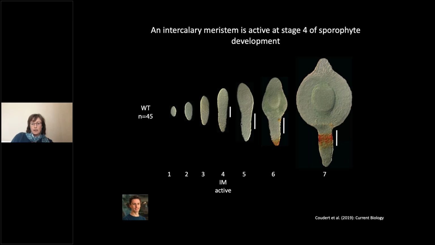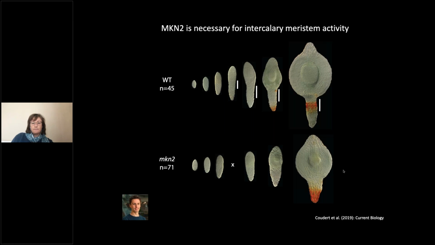Subsequent stages of development are marked by sporangium initiation in stage 5, sporangium swelling in stage 6, and differentiation in stage 7. So stage 4 is the one that we were really interested in, as this is where the intercalary meristem becomes active. Next slide, please.